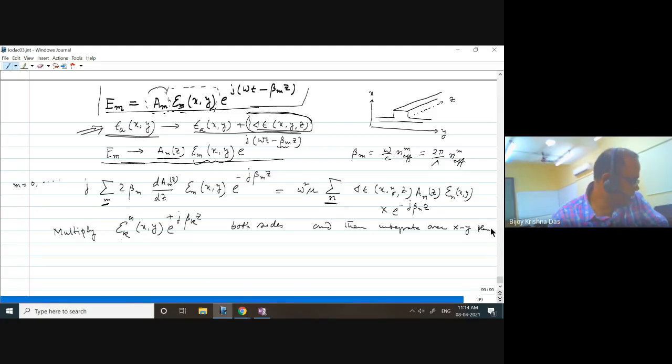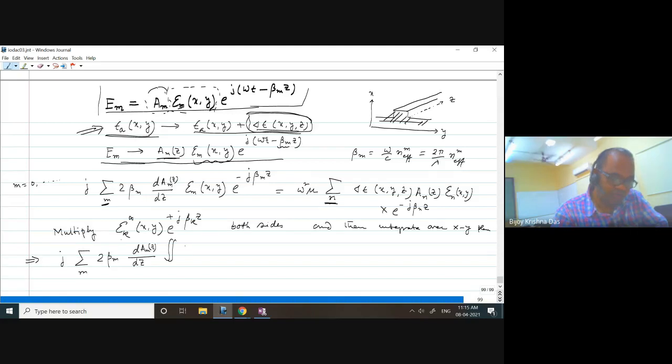If you just multiply and integrate over the xy plane, what will I get? Leave it, j and then sum over m, 2 beta m, dam z by dz, and then integration over xy. That means the cross section of the waveguide. Here in this cross section you are just integrating. Okay, xy plane.